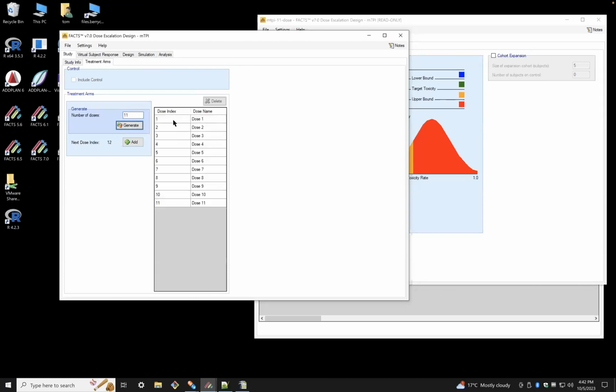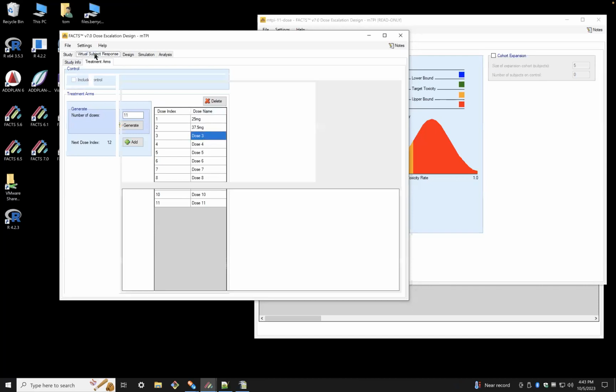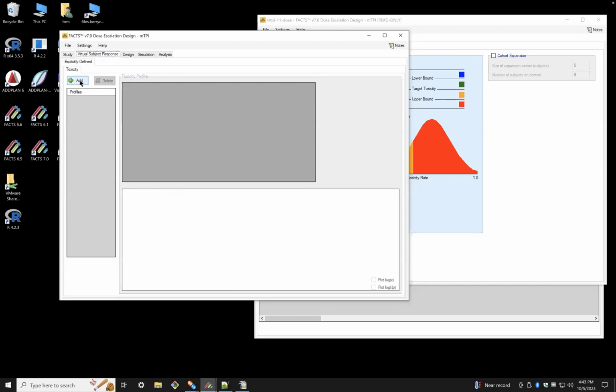The dose index you can't change. I could change the dose names to represent what I'm using: 37.5 milligrams and so on. And then I need to set up the response profiles.